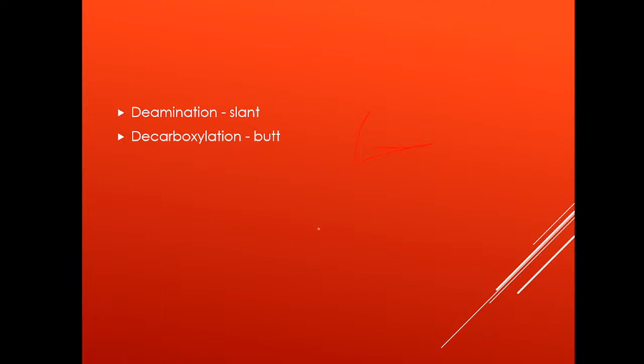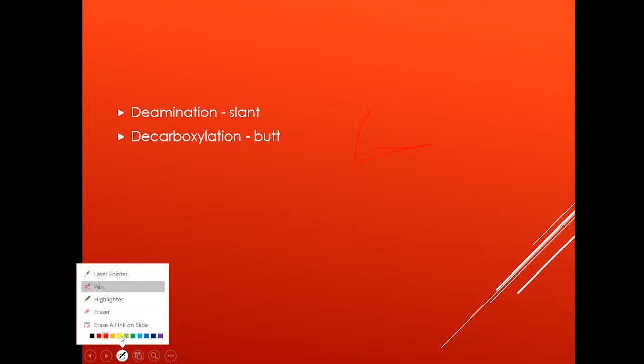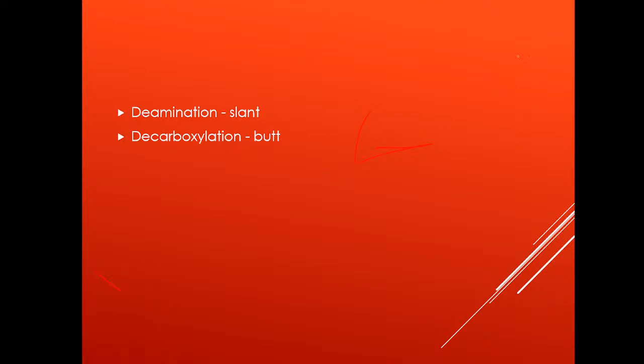Let me change the color for a while. Okay, so they said the agar is purple, so we're gonna use purple. I don't know if it looks purple there on your screens, but we have the slant and the butt.